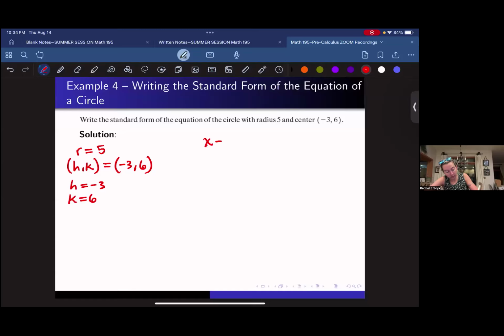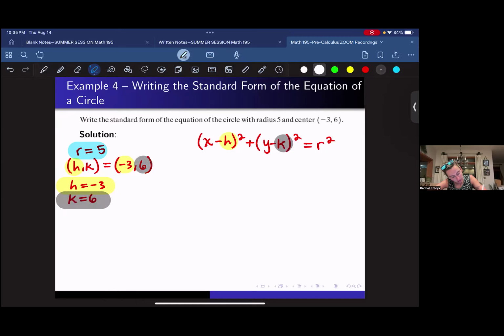What is our general equation, aka our standard equation of a circle? x minus h in parentheses squared plus y minus k in parentheses squared is equal to r squared. So now we're just plugging in at this point. Our r is just 5. Our h, -3. And then our k is 6.